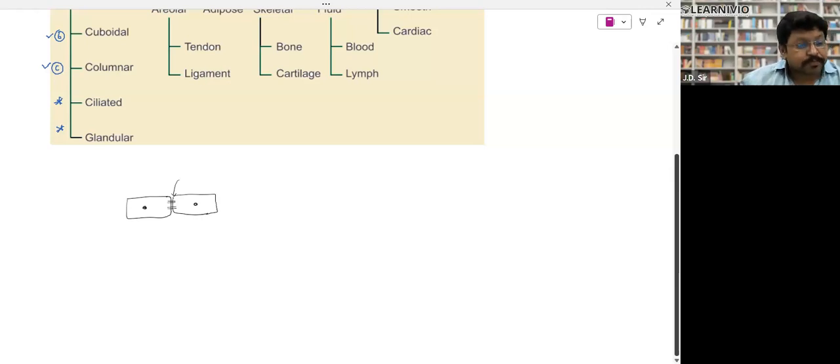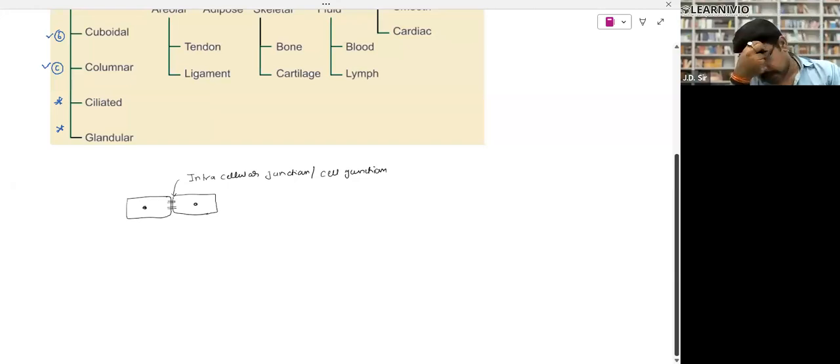They are called intercellular junctions, or they are also directly called cell junctions. What I want to share with you is that you need not use the plasmodesmata term here.